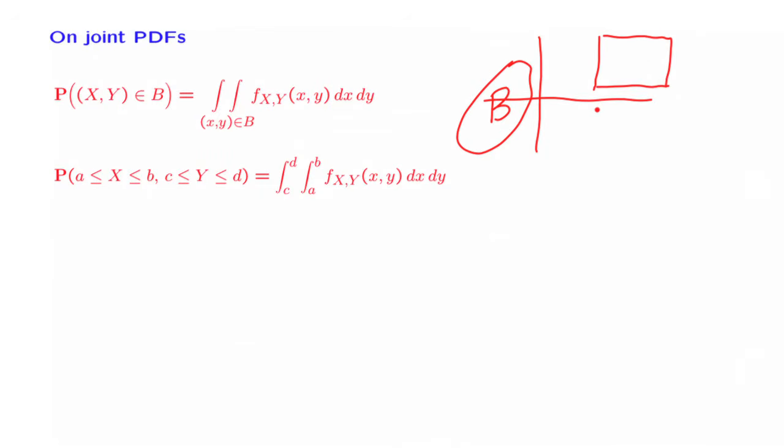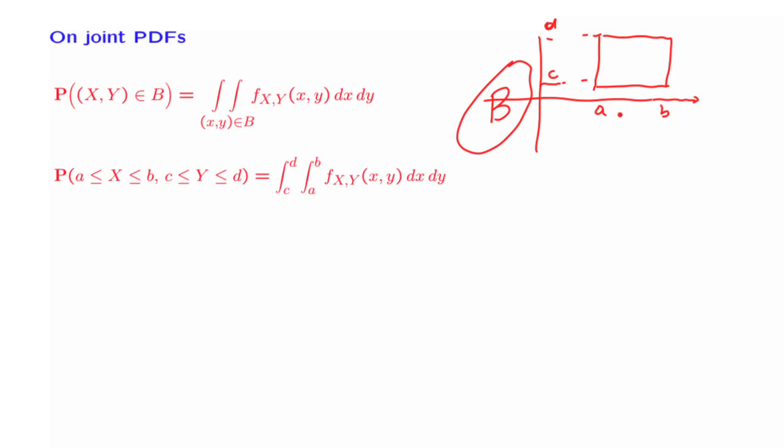So suppose that we have a rectangle where the x-coordinate ranges from a to b and the y-coordinate ranges from some c to some d. Then the double integral over this particular rectangle can be written in the form where we first integrate with respect to one of the variables that ranges from a to b, and then we integrate over all possible values of y as they range from c to d.